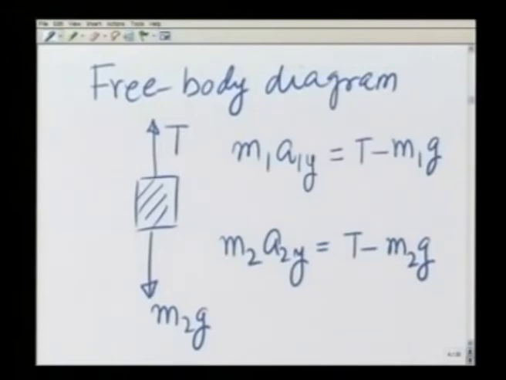You may ask, I am writing a1y, a2y, which way is my y, and things like those. So let us be more precise. Let me measure my distances from the ground and be more precise, because that will also help me later to write my constraint equation.